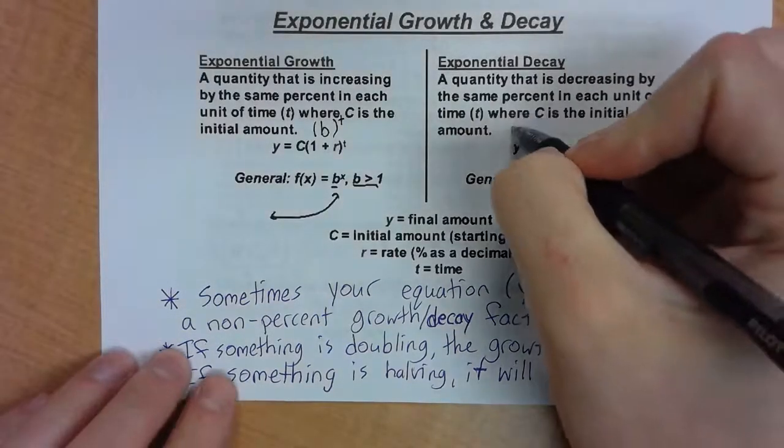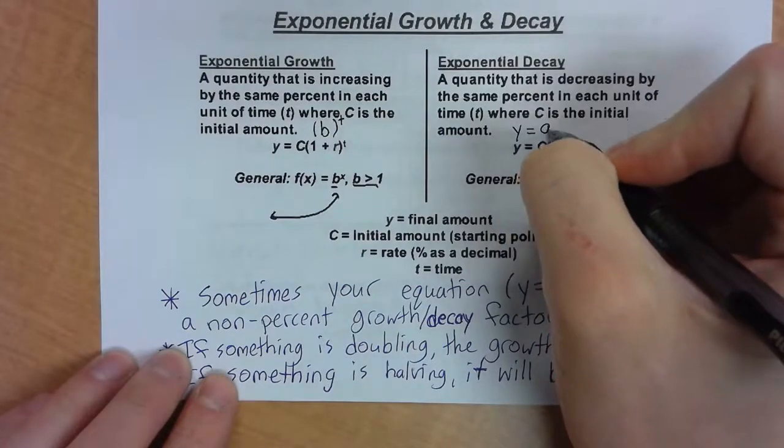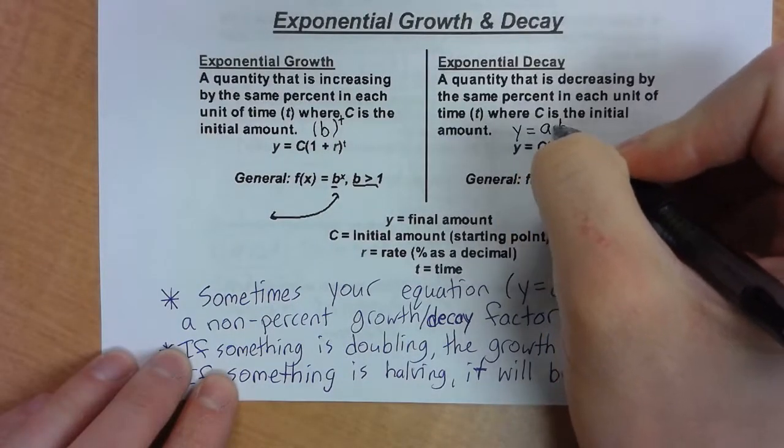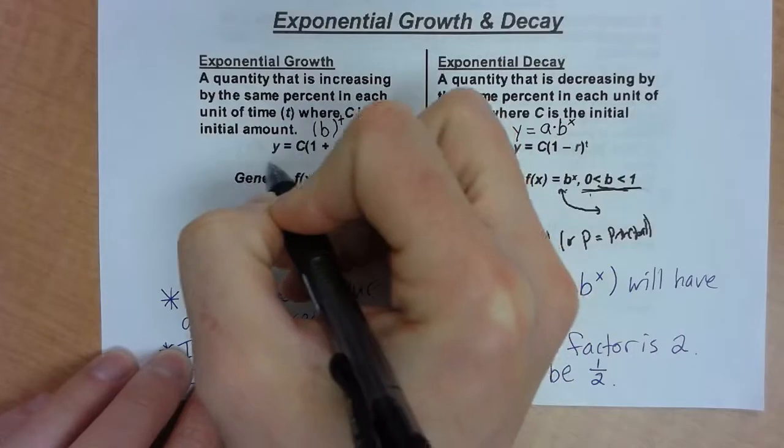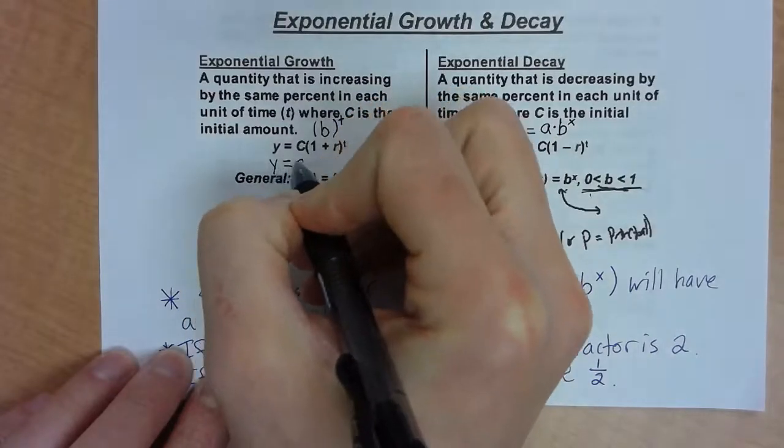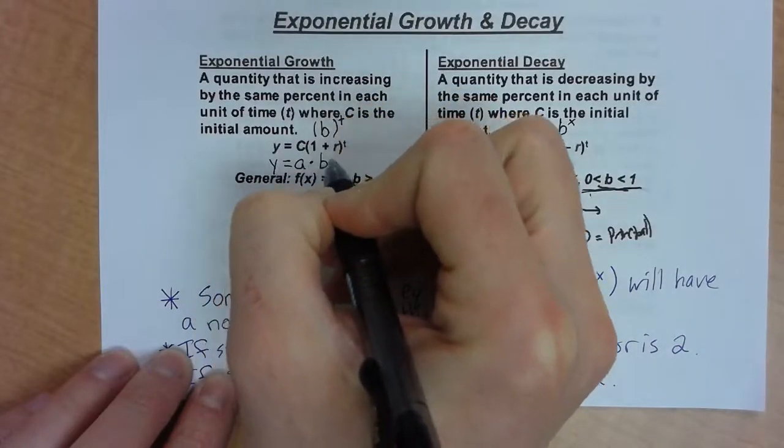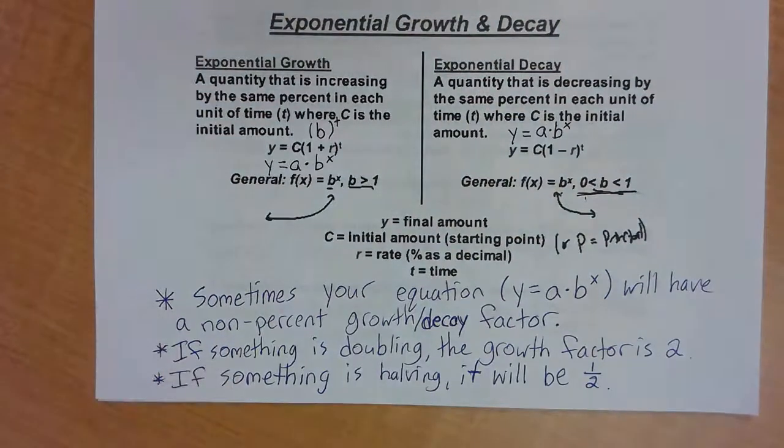Both of these are different versions of the a times b to the x equation, which is the general version of these exponential growth or decay word problems.